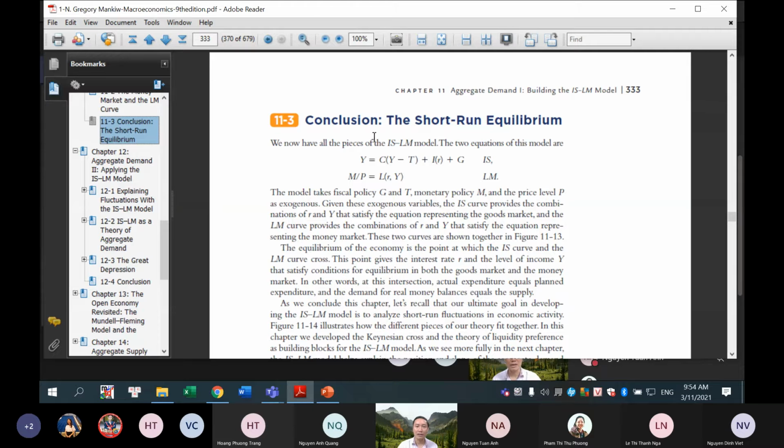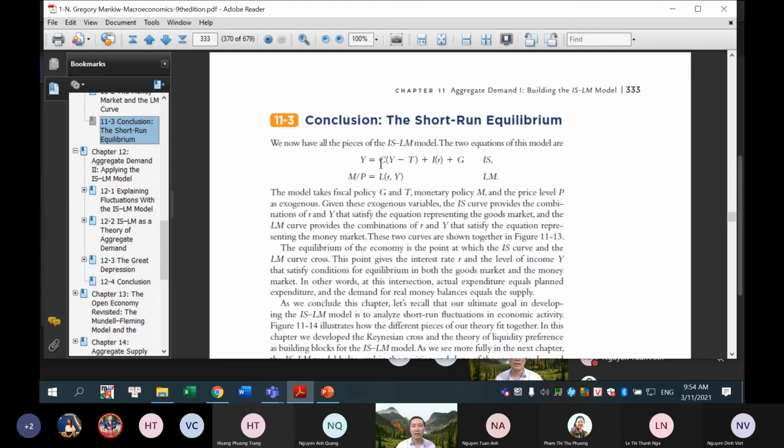Okay, so let's repeat the IS equation. You see the IS equation is the equilibrium of the goods and services market. On the left side, Y stands for output or income. Okay, this is the production of the economy. On the right side of the equation is our expenditure.